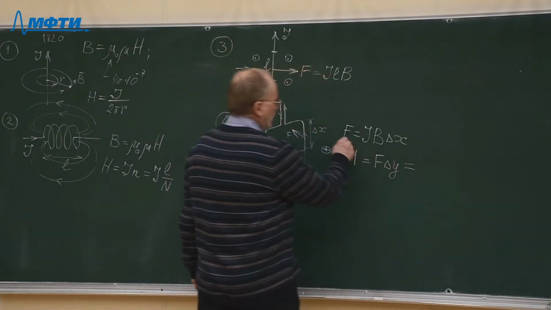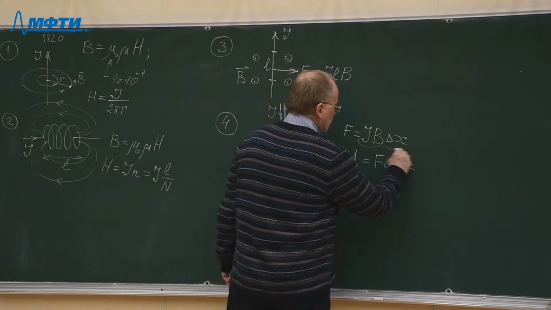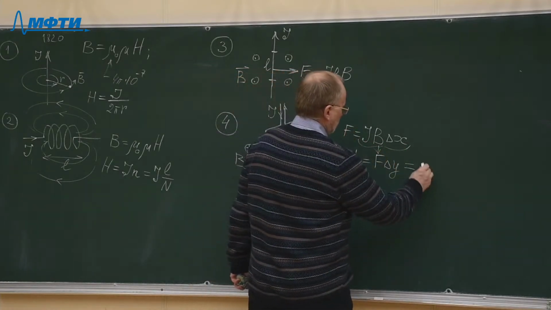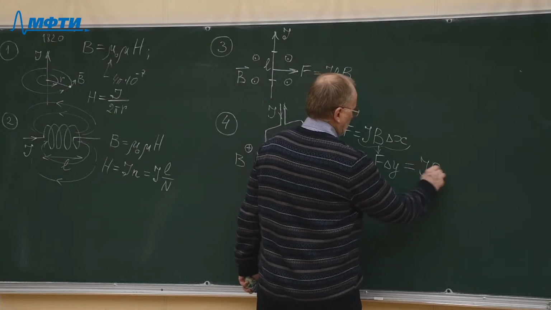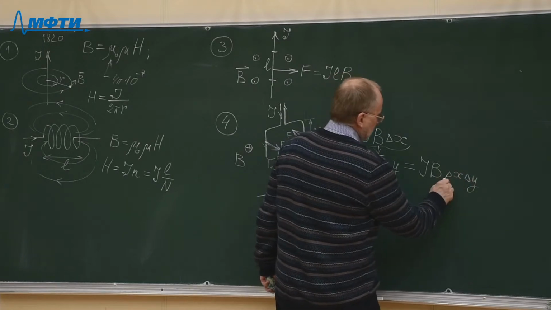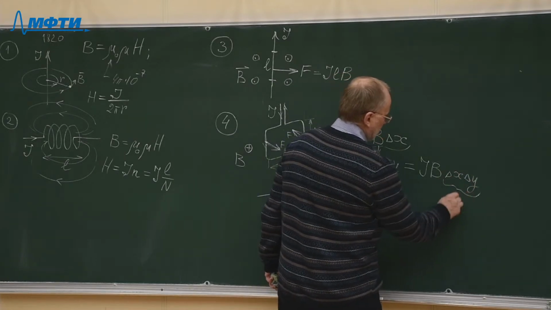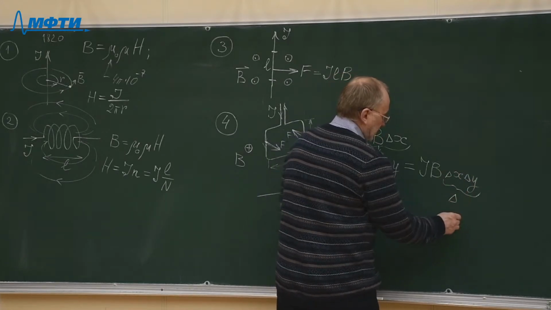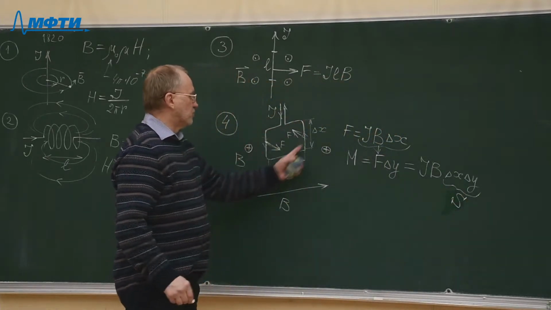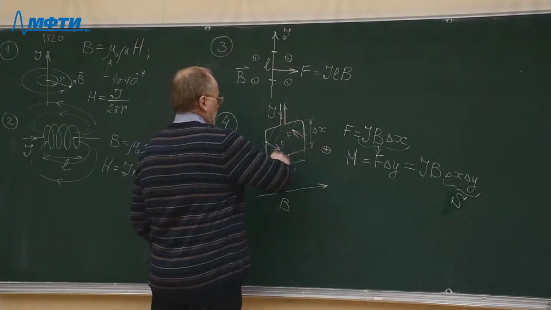And if we know the force, we can substitute this expression for the force, and we may obtain I B delta x delta y. Delta x delta y is certainly the area of the current loop.